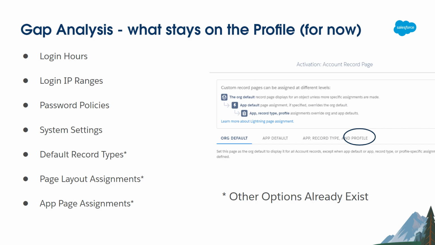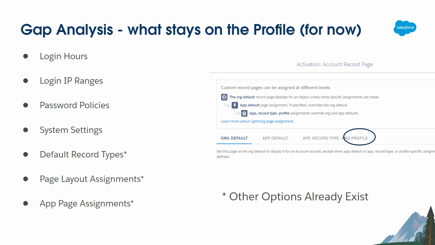Now, page layouts, of course, with dynamic forms, we can do that. We can meet that requirement from record types already. So if that's your main driver for record types, then maybe you don't need record types in the same way that you used to. Pick list values, still a use case for them there.